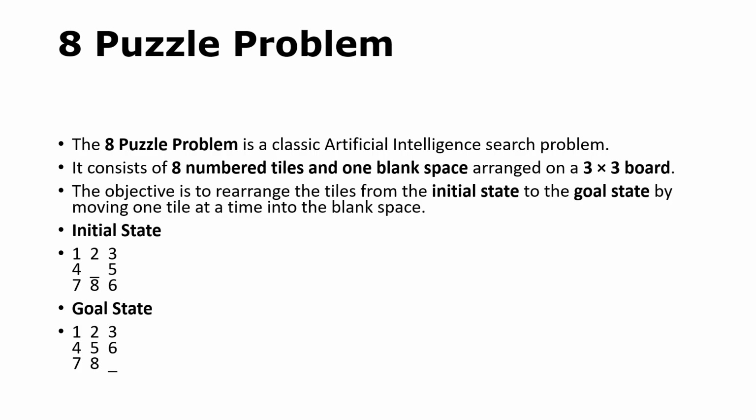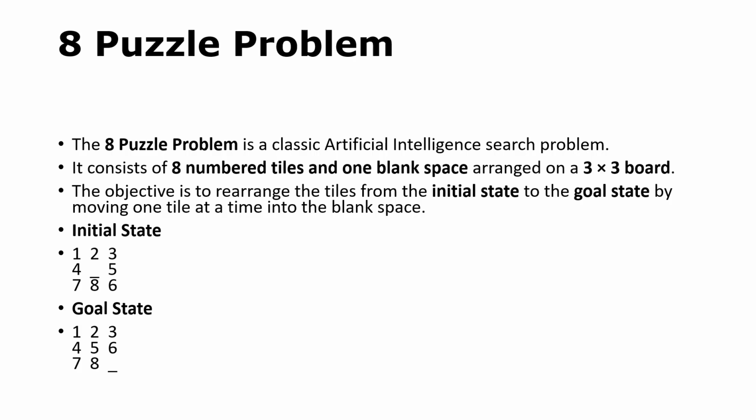It consists of 8 numbered tiles and 1 blank space. We take a 3 cross 3 board, in which 8 tiles have numbers and one tile has a blank space.